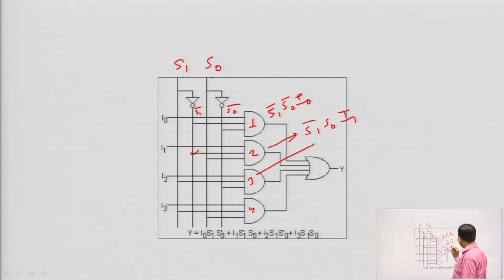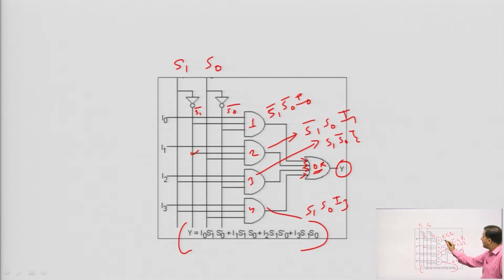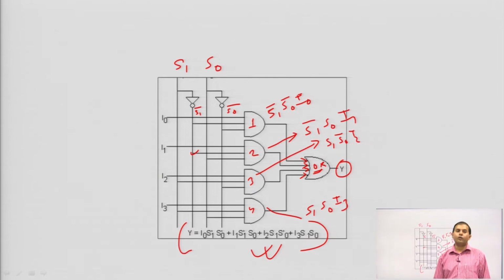The third one is S1 S0 bar I2 and the fourth one is S1 S0 and I3, and all are coming together to an OR gate. The output y will be the summation of all these, as already discussed in the expression. So, the OR operation of all 4 AND gates will be the final design. This is the design of the 4 cross 1 multiplexer.